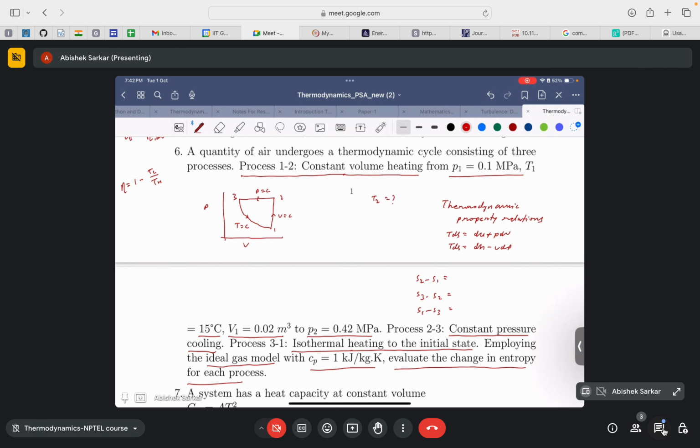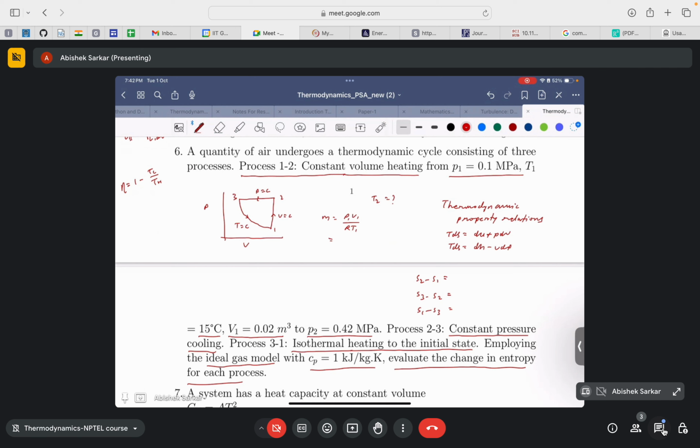One more thing to catch is that Cp is given in terms of 1 kilojoule per kg Kelvin, so you also need to find the mass of the fluid, the net quantity of fluid in the process. So you need to find m. m can again be found from the ideal gas law: m would be P1 V1 by R T1.